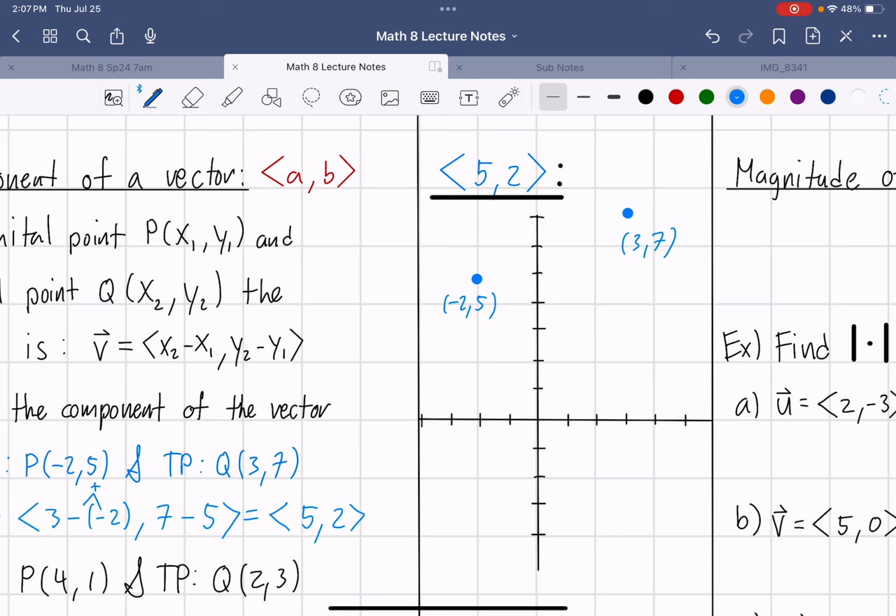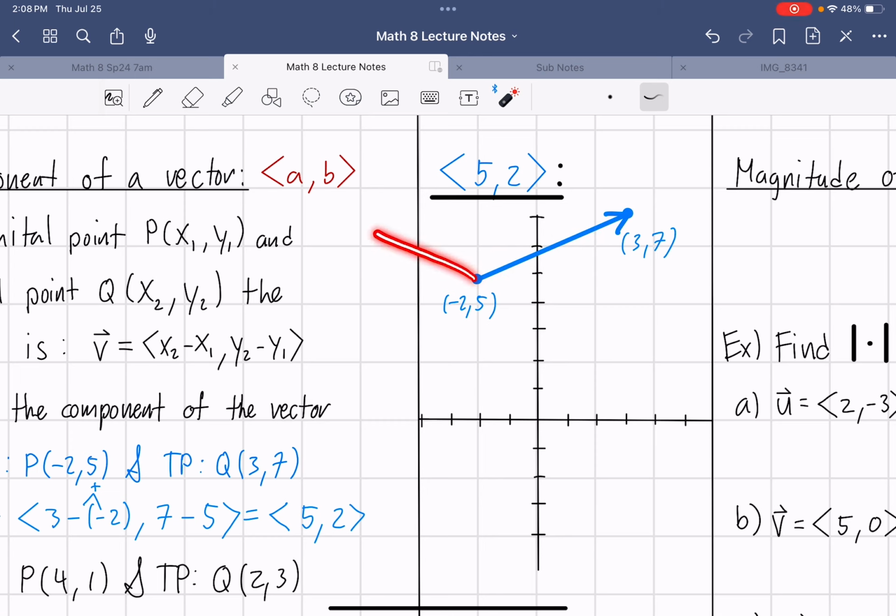Because I know -2 and 5 is the initial point, I know that my vector is in this direction. Now, the 5 and 2 speaks to how it changes 5 in the x direction and 2 in the y direction. Very similar to what slope would look like. But we start at the initial point, go positive, and then up. That's how we know the arrow's pointing in this direction versus the opposite direction.